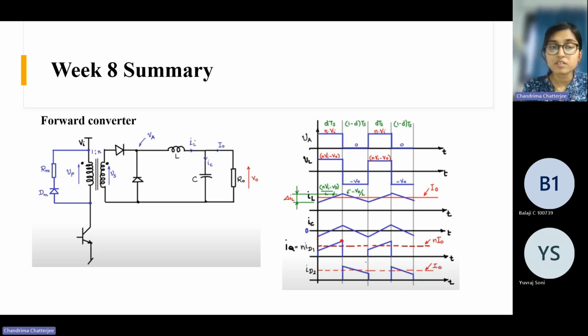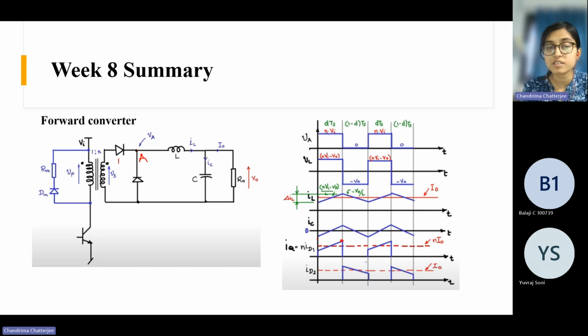So first of all, see, this point is suppose A. Just for now, just think about this part. When there is supply, this switch is on, okay, and this diode is forward bias.